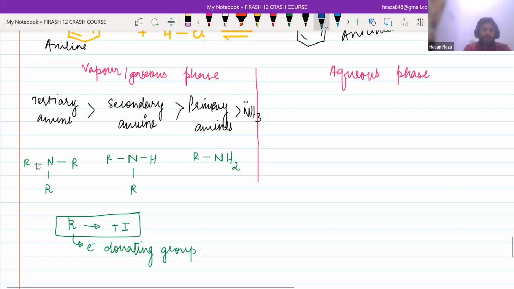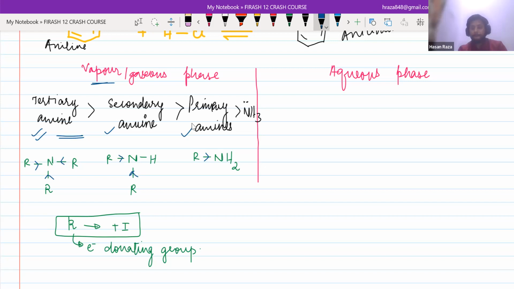So as you can see here, it will gain electron from three sides, then two sides, then one side. That's why tertiary amine in vapor phase will be the most basic, then secondary, and then primary. Are you getting my point, Firaz?